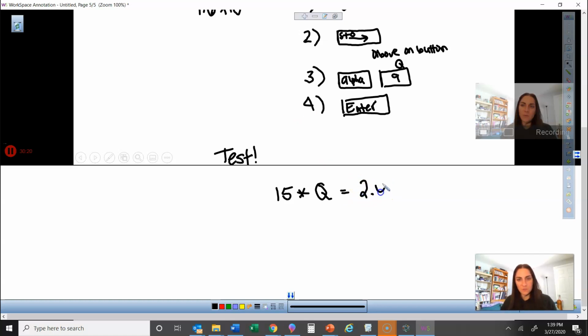So it gives me 2.4 times 10 to the negative 18. And I'm just going to verify that by making sure this matches this number. And it does. Q works.